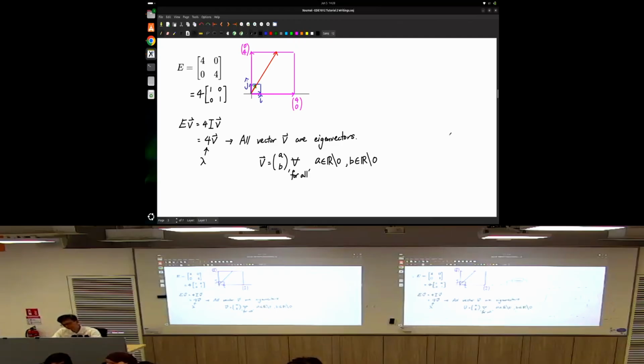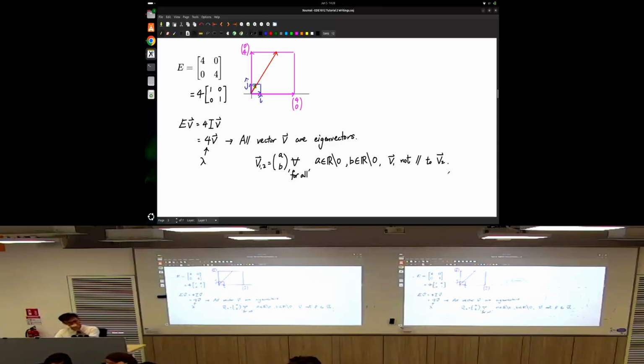And with the condition that, because you have V1, V2, therefore V1 and V2 cannot be parallel, because you want 2 eigenvectors since this is a 2 by 2 matrix. So if you put V1, V2, you also have to put in the condition V1 not parallel to V2.